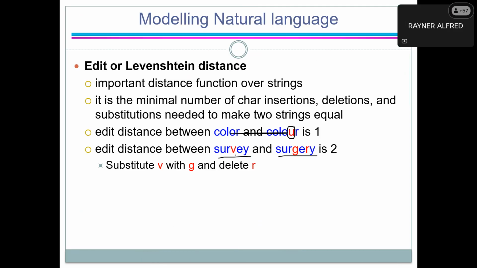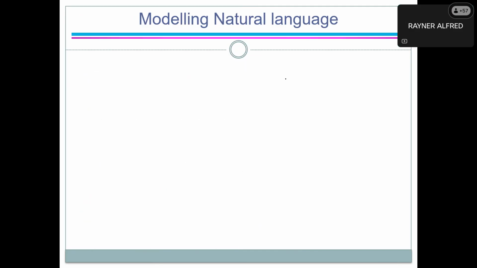One is to substitute V and G, and one is to delete R. So two operations. So the edit or Levenshtein distance refers to the number of changes we need to make to match the terms. This will be used to represent the distance between two different terms that we have.